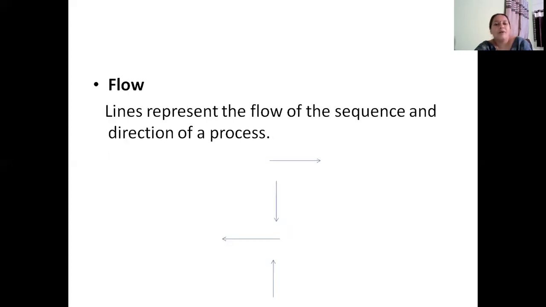Apart from these basic symbols, yet another important symbol which is generally used in algorithms is the flow symbol, or we call them arrows. We can make use of arrows in all four directions to indicate the flow of execution, or the sequence of execution, or the direction in which the execution process flows.